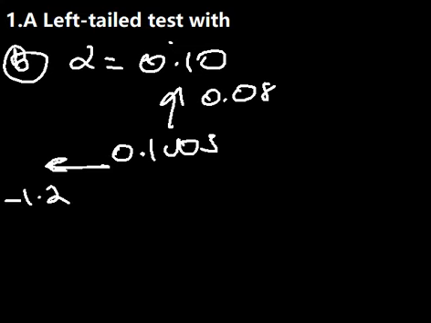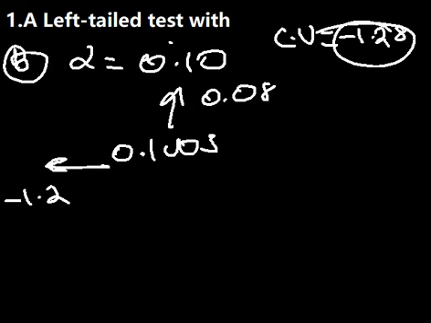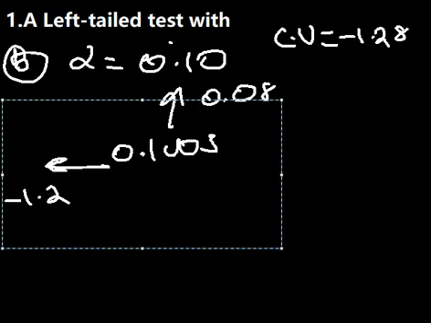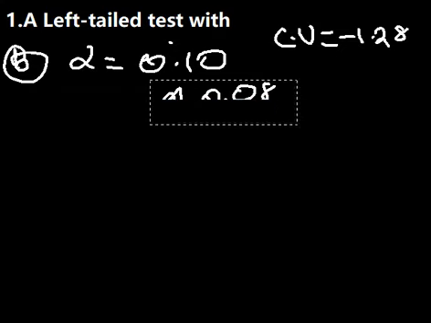Which means the critical value upon combining should be negative 1.28. So this is the critical value, and we have to represent it on the normal curve and show the critical region as well as the non-critical region.